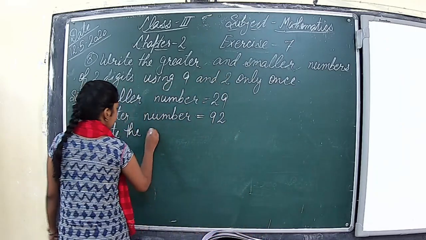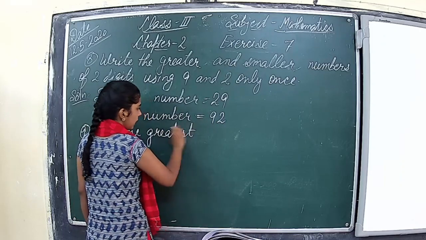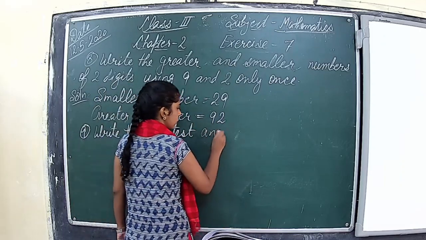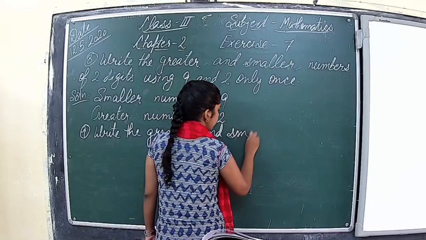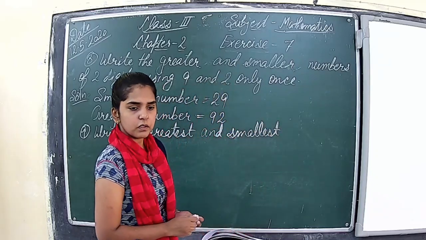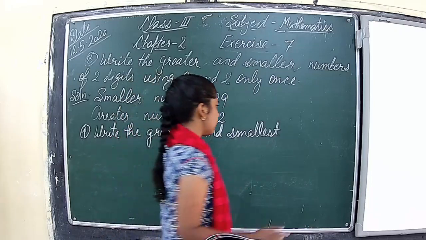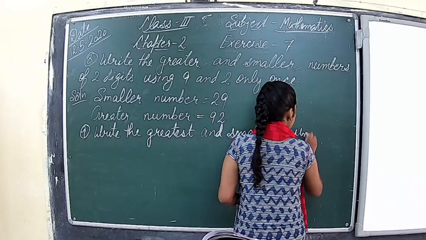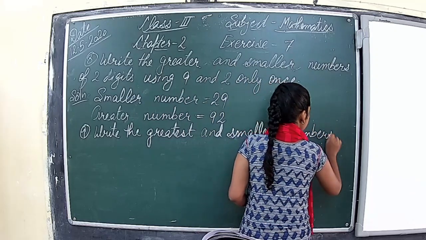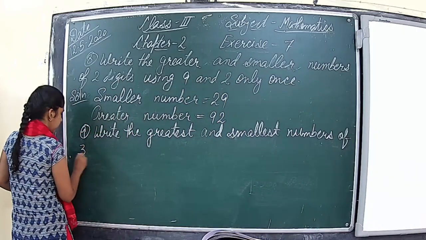So write the greatest and smallest numbers of 3 digits.